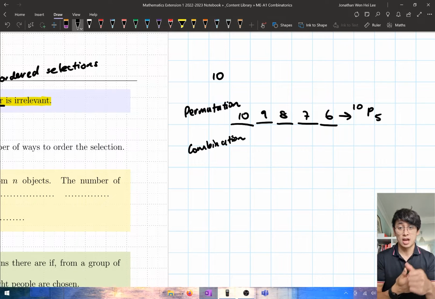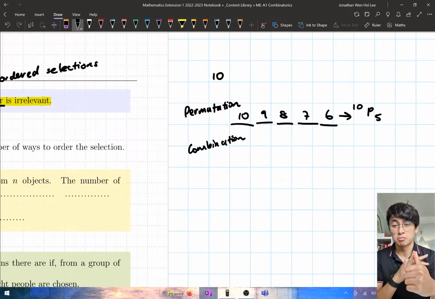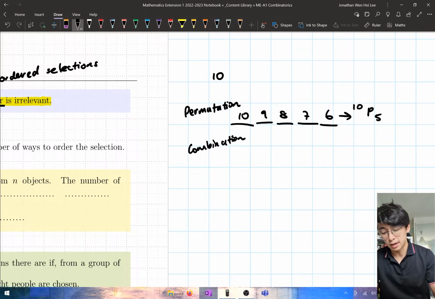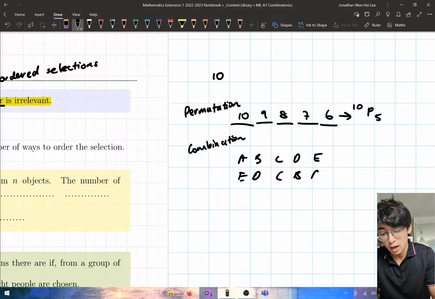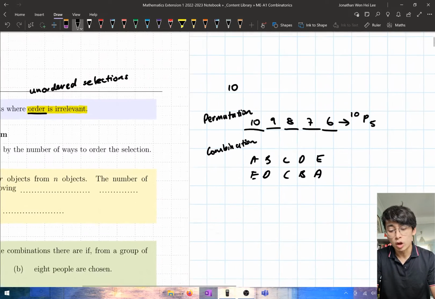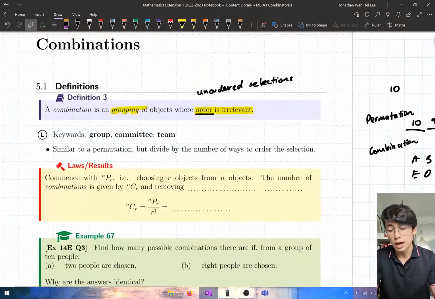We could have Andrew, Bob, Chris, Dennis, and Edith. But you can have it in the reverse order and they'd be the exact same group. So here, A, B, C, D, E is the exact same as E, D, C, B, A. We just want that group of A, B, C, D, E. And that's how combinations are different from permutations, and it's sometimes called unordered selections.